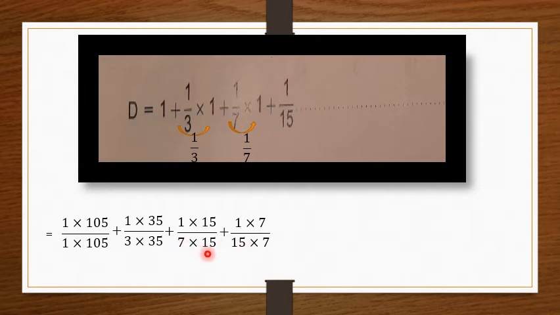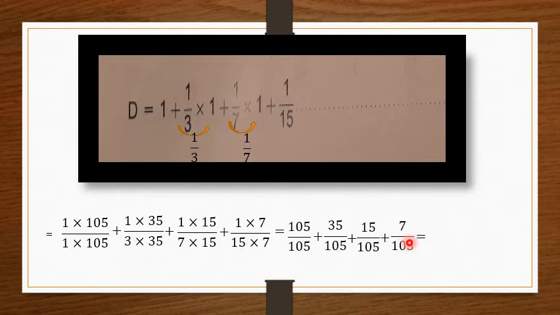Or you can find the least common multiple of the three numbers. So it's 105 over 105 plus 35 over 105 plus 15 over 105 plus 7 over 105. Okay, where does this number come from? It's the multiplication of 3 by 7 by 15.